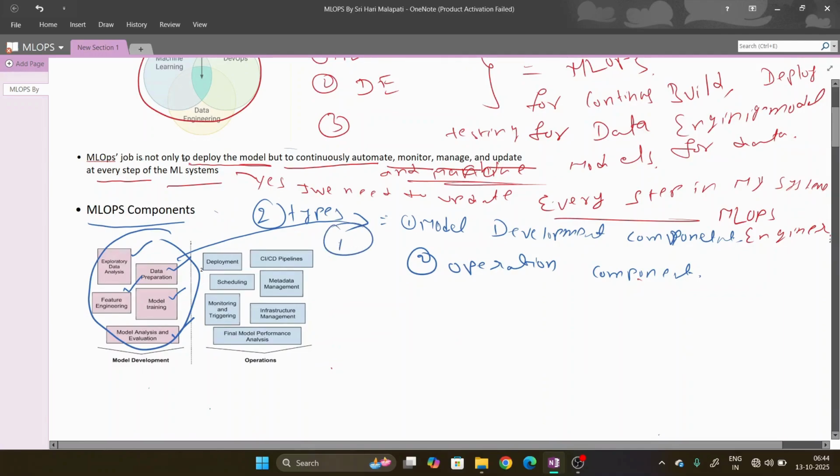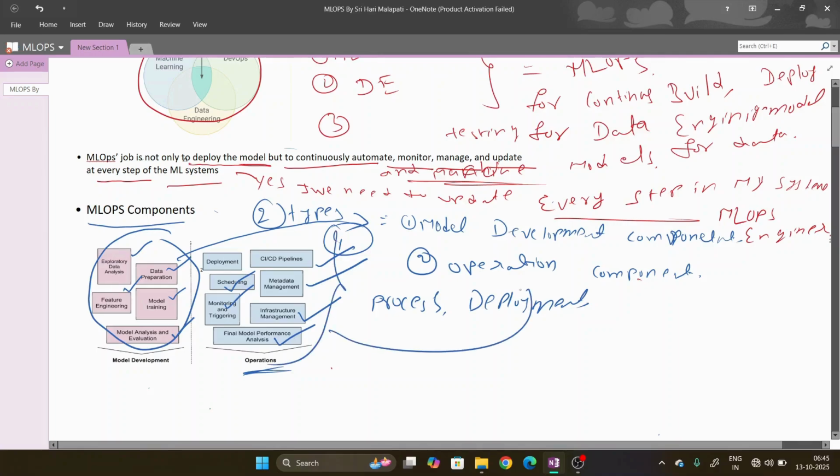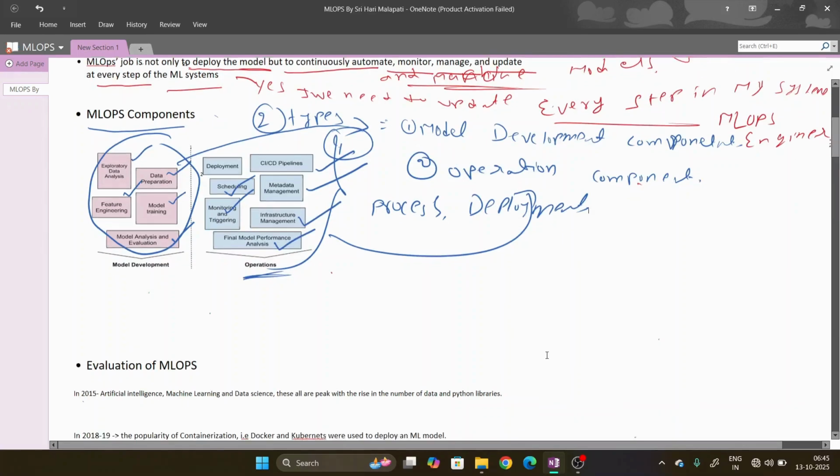Next is the operation process: deployment, CI/CD, scheduling, metadata management, training and monitoring, infrastructure, and model performance analysis. These all come under the operation components section.